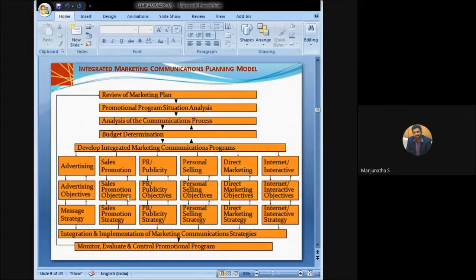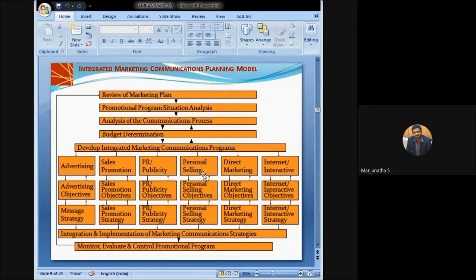Then public relations and publicity. Under that, there will be objectives for public relations and publicity, and then strategies of public relations and publicity.